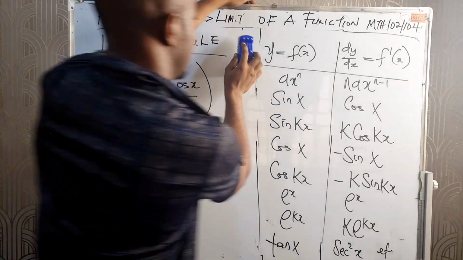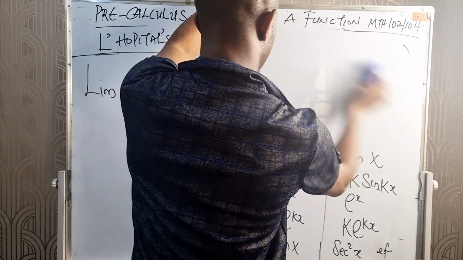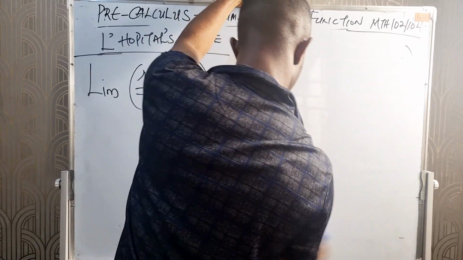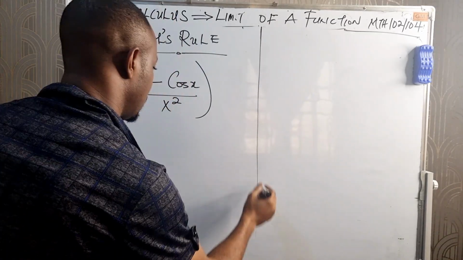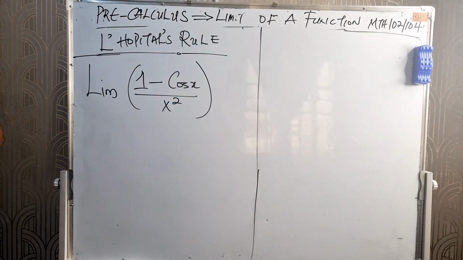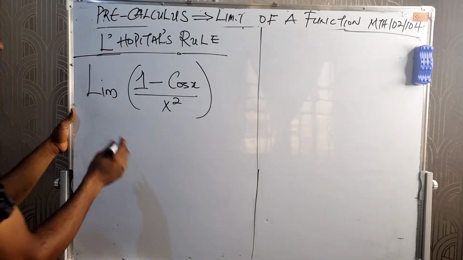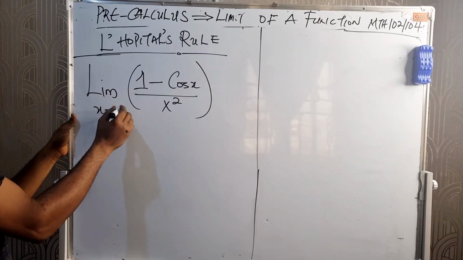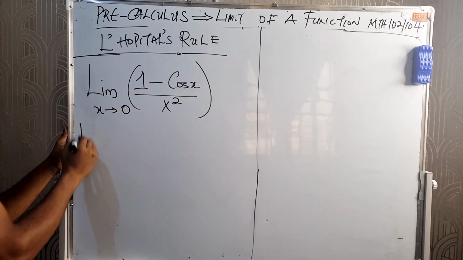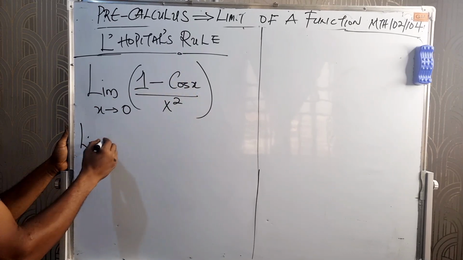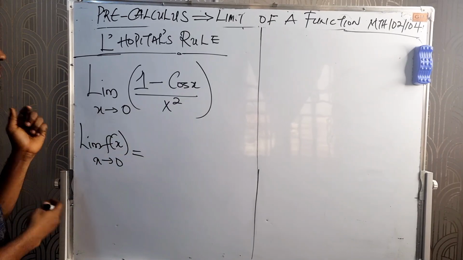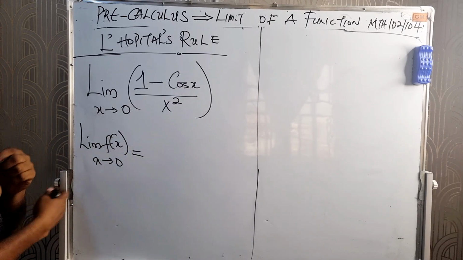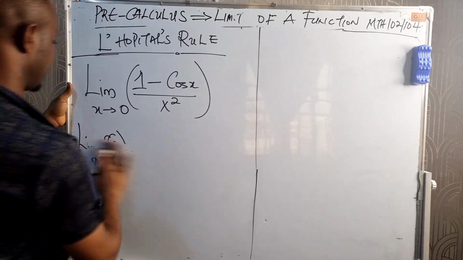Let me clean here now to take notes. This will give us double the L'Hopital's. But let's see what I mean by double the L'Hopital's. As x approaches 0, we say that the limit, let's call this f of x, as x is approaching 0 becomes, let's try direct substitution first.